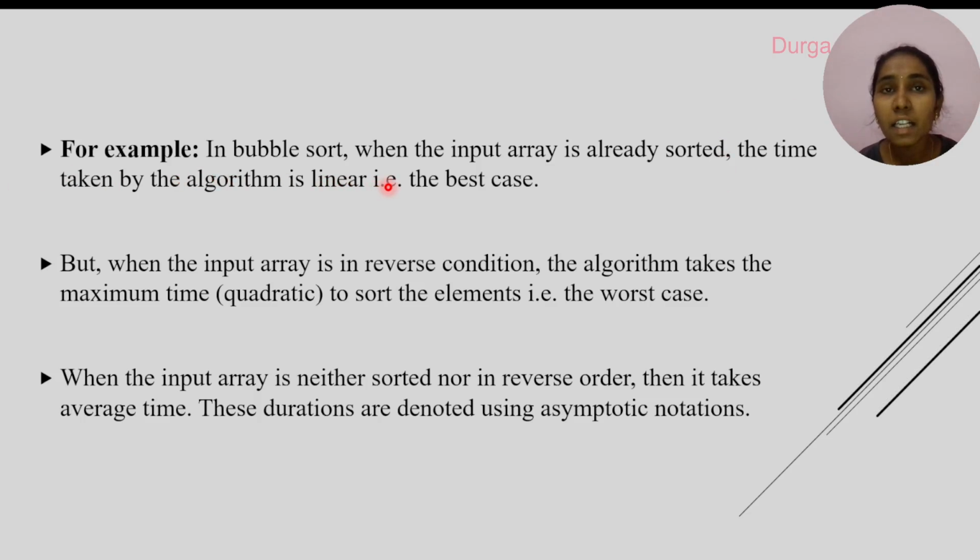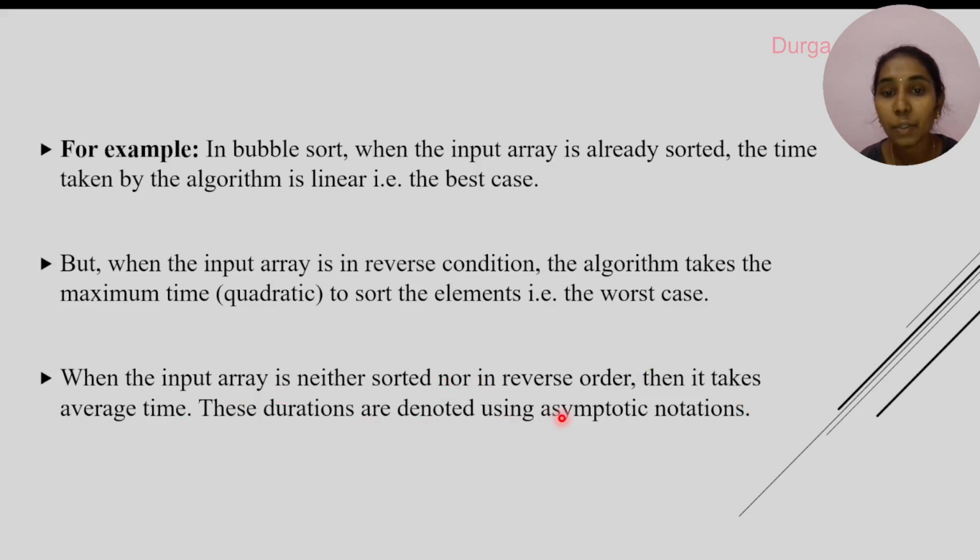It will take a small amount of time, so this is known as the best case. But when the input array is in reverse order, the algorithm takes maximum time. That is known as the worst case. When the input array is neither sorted nor in reverse order, it takes average time.